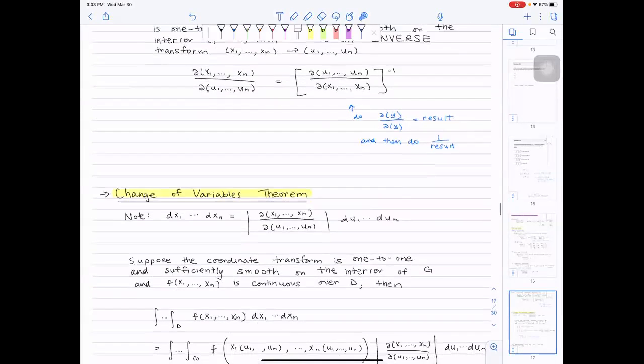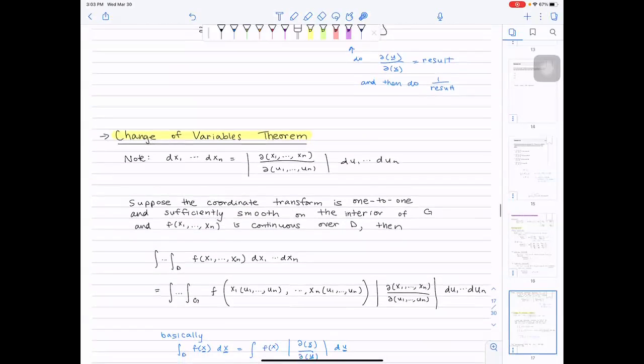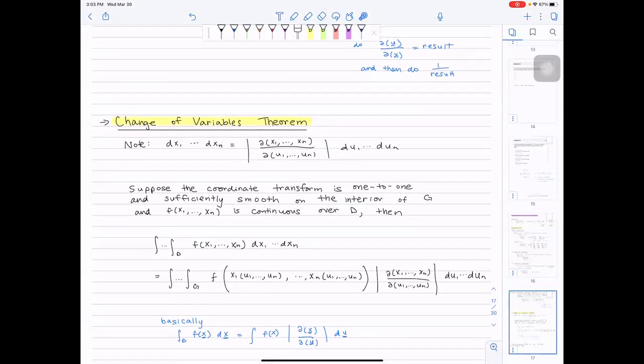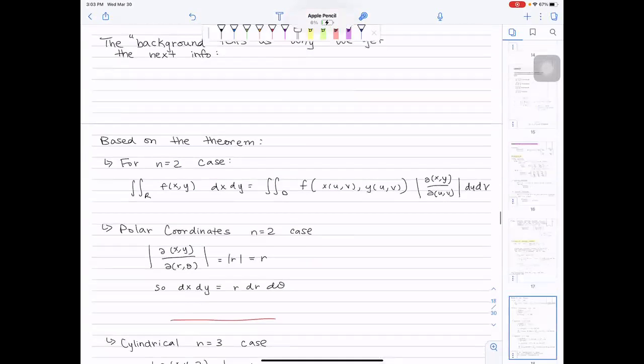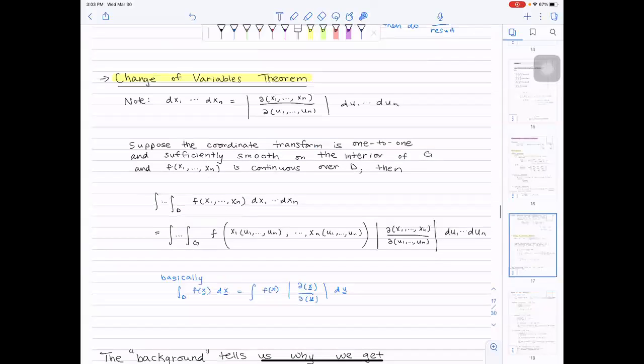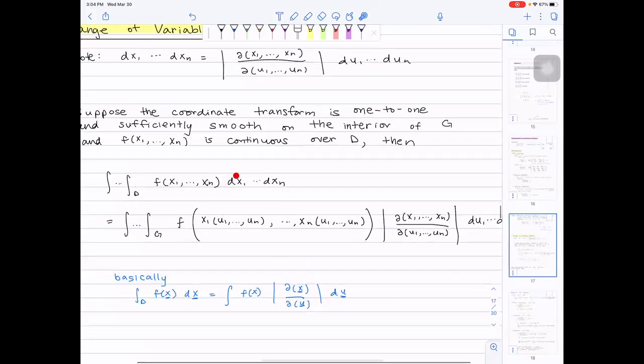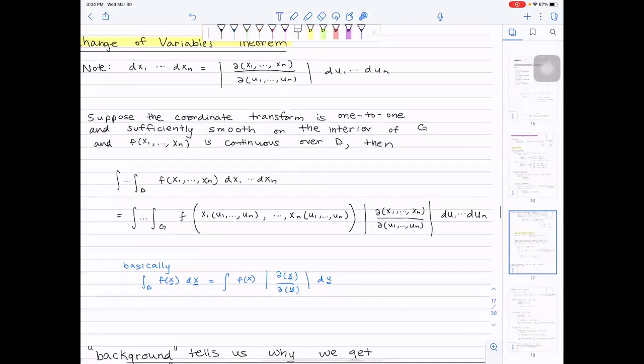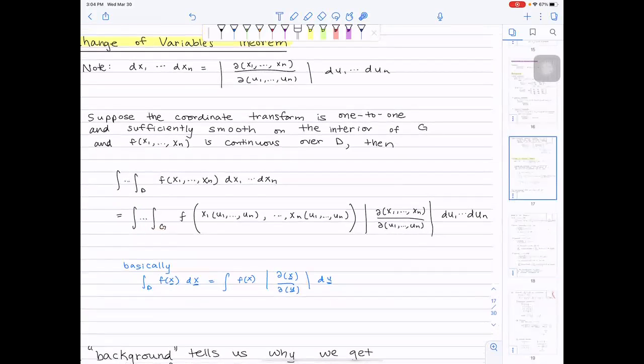Okay. Now, what is our change of variables theorem? It just says that if you're trying to take the integral of f with respect to dx1, dx2, etc., then you can rewrite it, changing variables, as f of some other values. So this might be your r, this might be your theta.